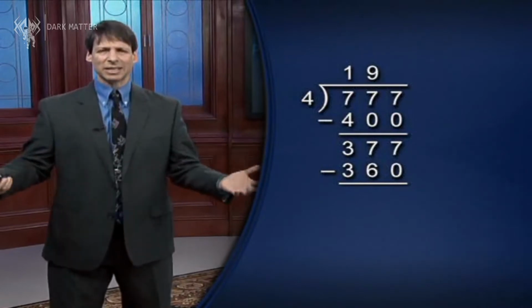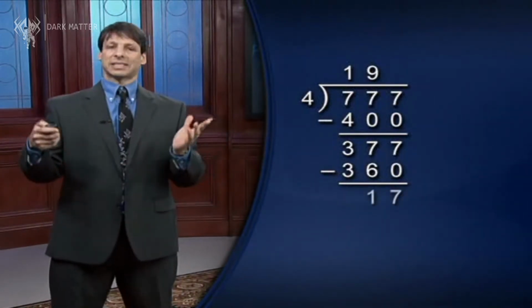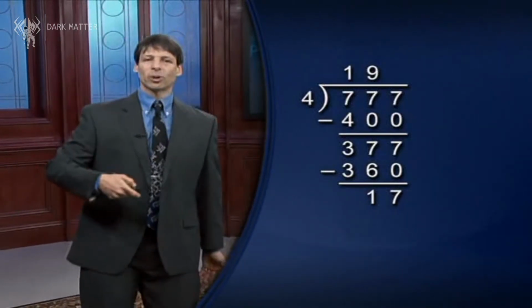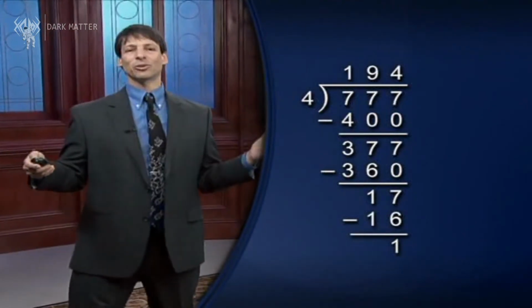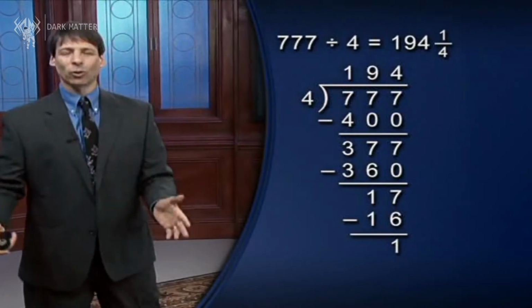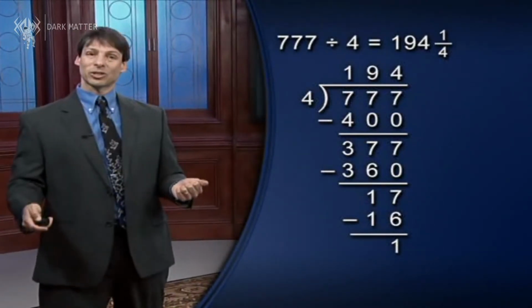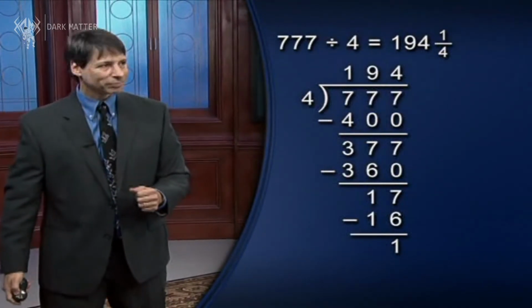I've now said 90. 377 minus 360 is 17. You have an even simpler division problem. Do 4 into 17, that goes into it 4 times with a remainder of 1, and there's your answer, 194 with a remainder of 1, or $194.25 is your share of the jackpot.